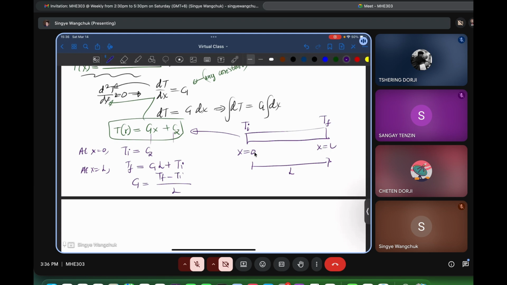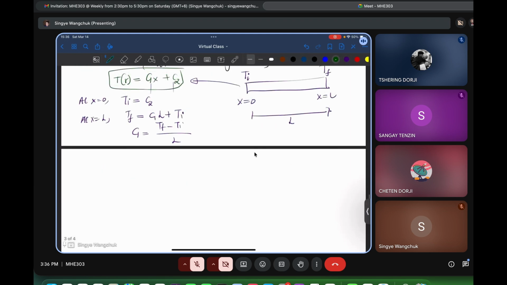So what is my solution now? My solution is T = C1 x + C2, where C1 is (Tf − Ti)/L, so T = ((Tf − Ti)/L)·x + Ti. So this is the temperature gradient, or the temperature function along the wall.